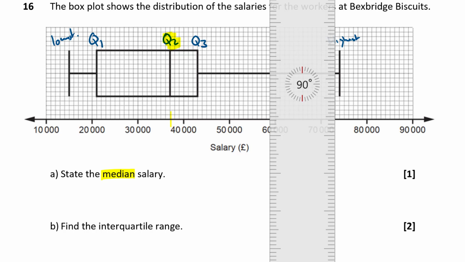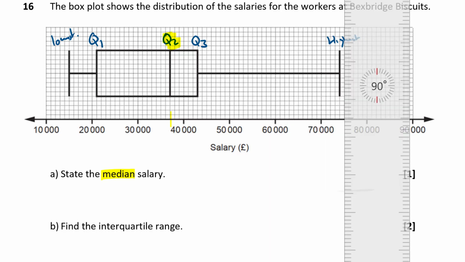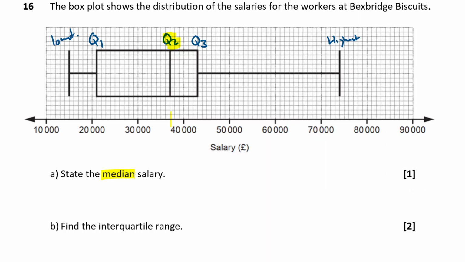So each one of those divisions is going to be 1,000, isn't it? So I make that 30, 31, 32, 33, 34, 35, 36, 37,000. So I think the median salary here is 37,000.